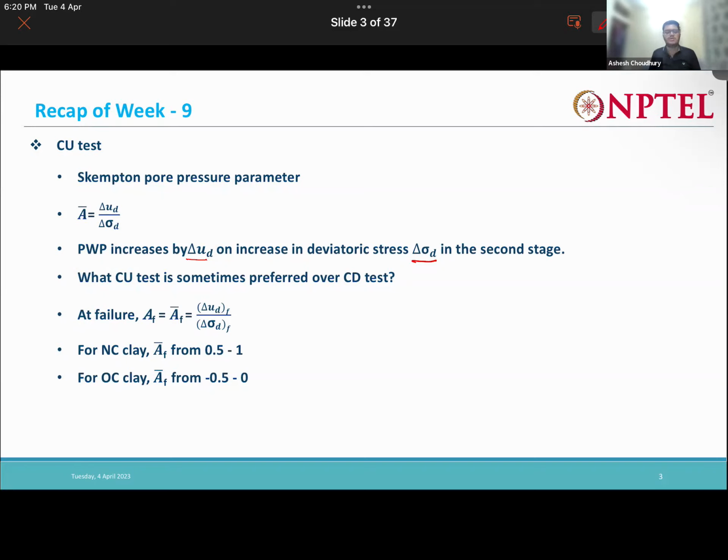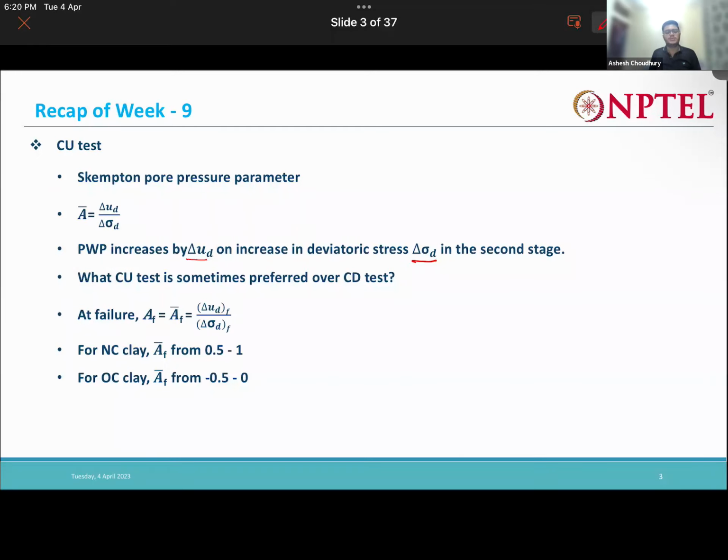The CD test is actually very long. So if you want to expedite the process, we can do the CU test, though there might be some changes in the c and phi values that we calculate, but it depends upon the engineer to choose the c and phi values. So we can do the CU test.